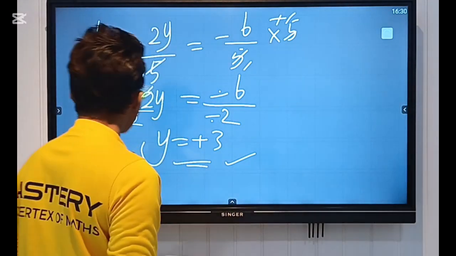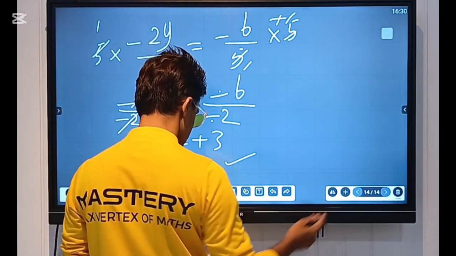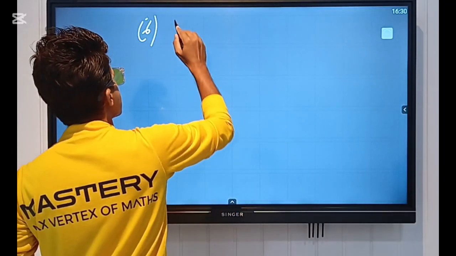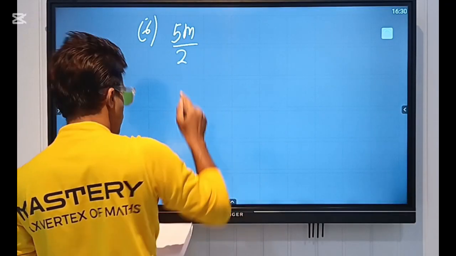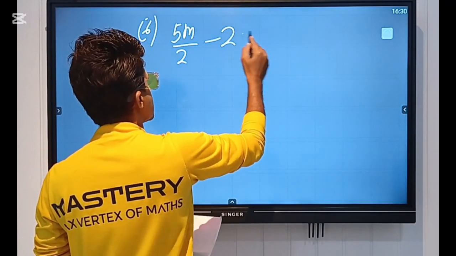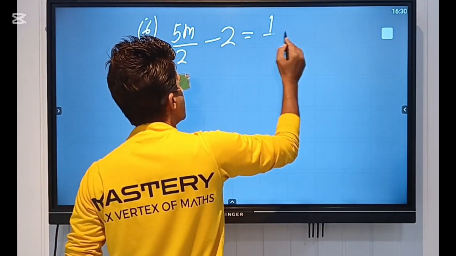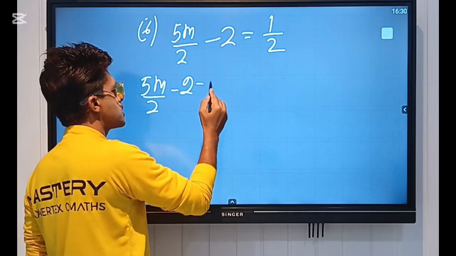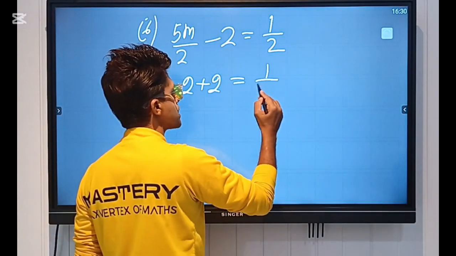So the other question is the sixth question of 17.2. 5m over 2 minus 2 equals half. So here also you could see minus 2, therefore add plus 2 to both sides.